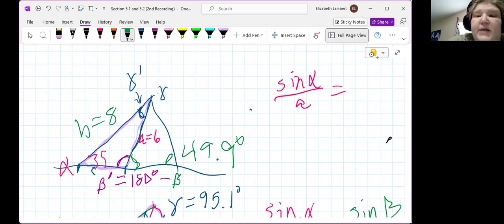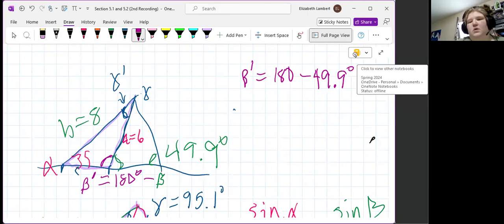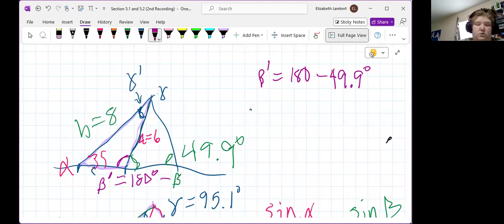But over here now, apologies, we actually have beta prime, like we can just calculate it because we have beta from the first part. All right, so 180 minus 49.9 is 130.1.